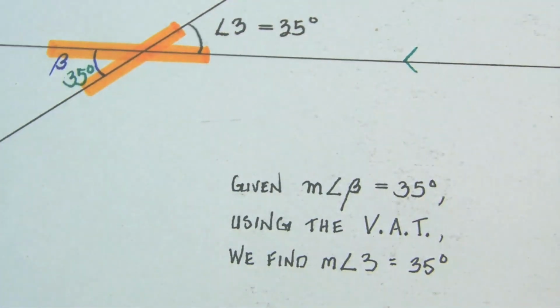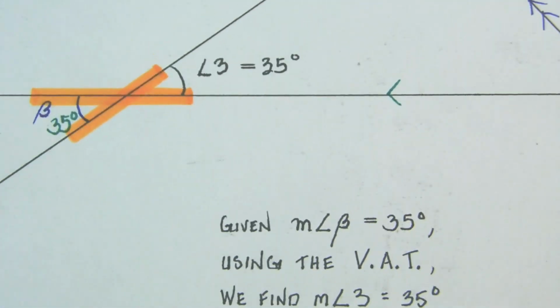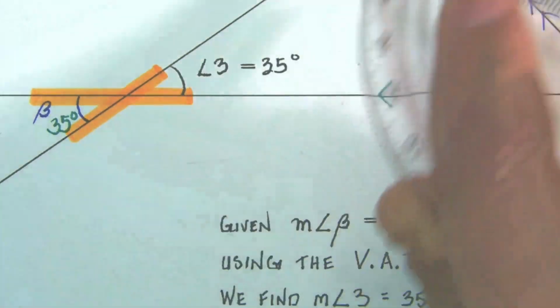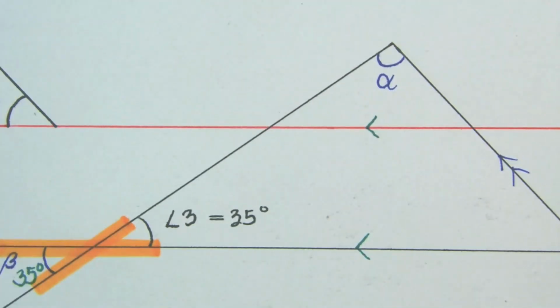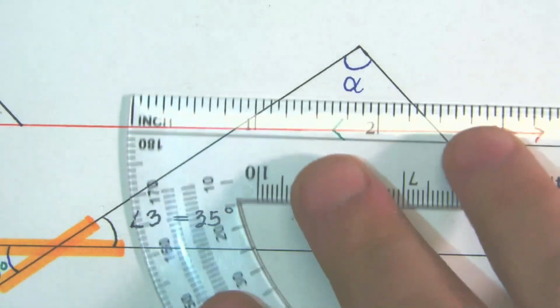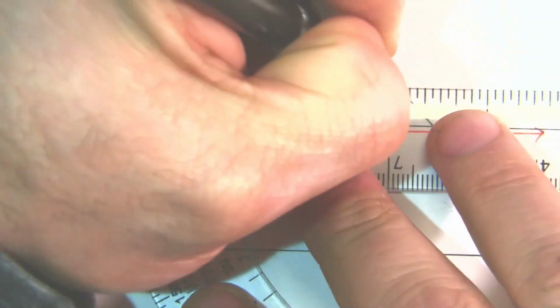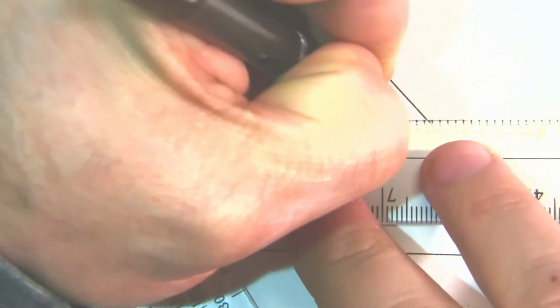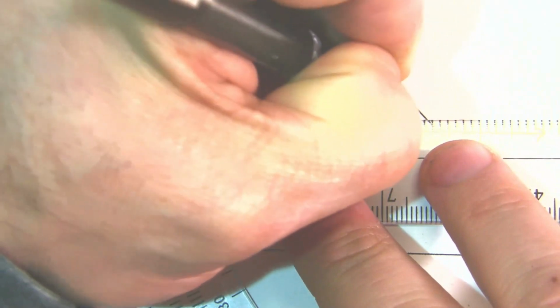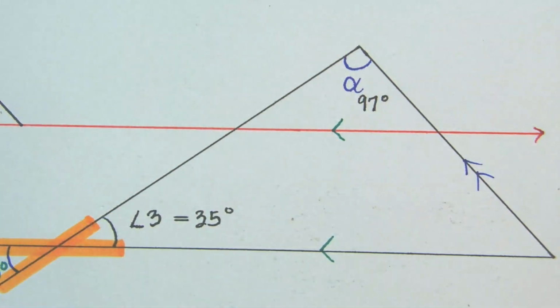Okay, so now I have two of the three angles internal to this triangle. I have alpha equals 97 degrees, and the angle 3 down here is 35 degrees.